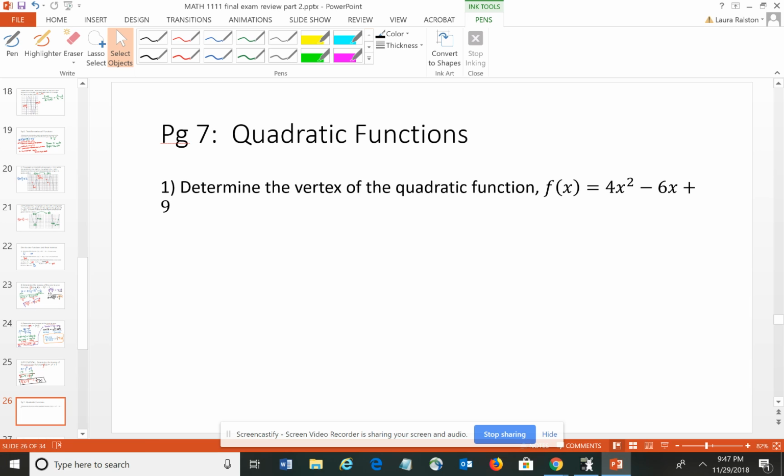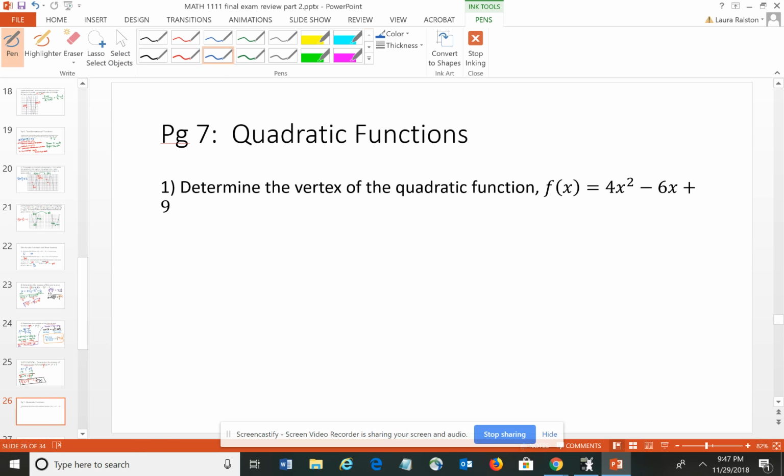All right, the next part we get into on page 7 is quadratic functions. And the first question asks you to find the vertex of the function. And in the format that this one is in, the best thing to do is to use the vertex formula, which is one of the formulas included on the formula sheet and is listed at the beginning of the problem.